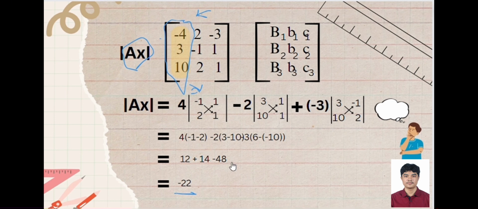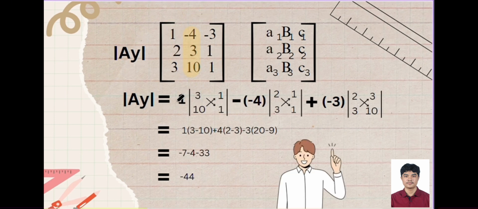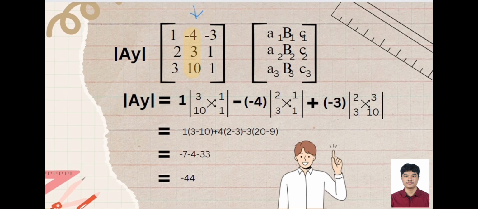For AY, we replace the second column with the answers of the linear equations and find the determinant of AY. So the next step is to find the AY determinant.